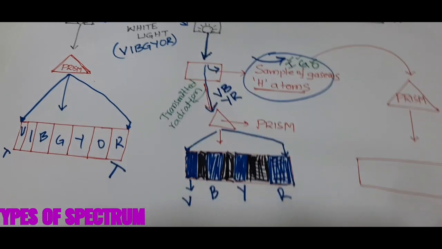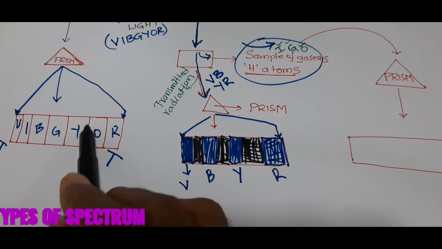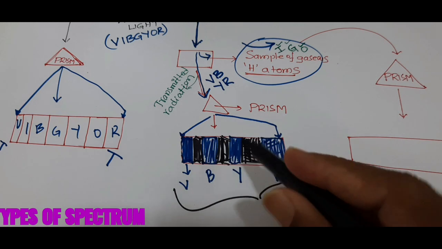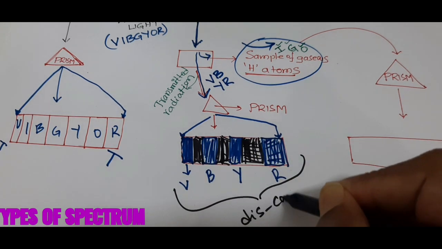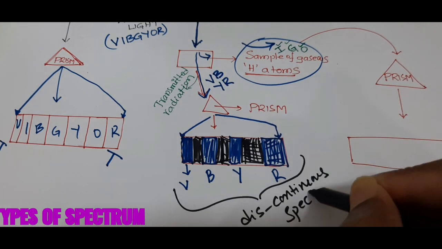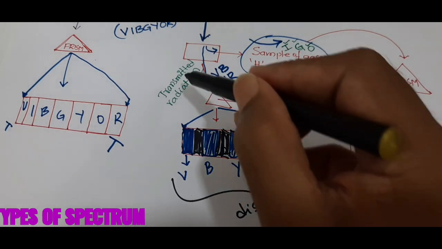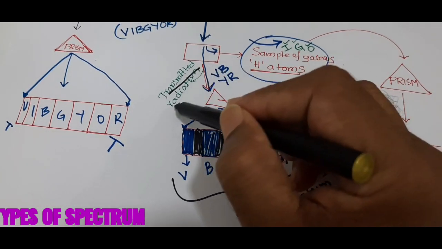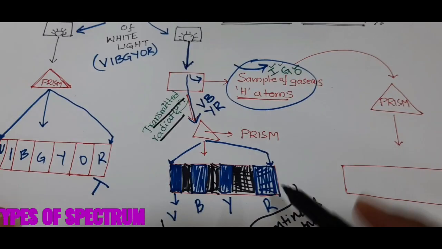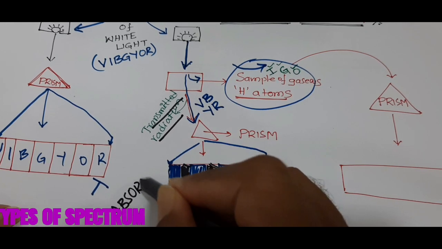Right? This spectrum is a discontinuous spectrum. Here all colors are continuously present. Here these are separated by some gaps. So it is a discontinuous spectrum. Understand? This spectrum is obtained by the analysis of the transmitted radiation. Such a spectrum is called absorption spectrum.